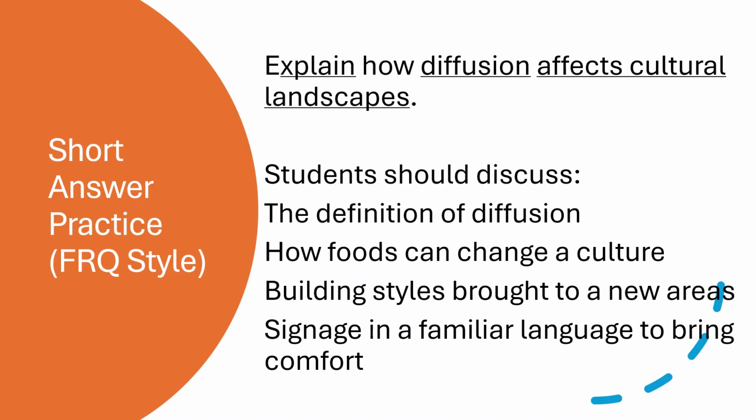So you better be able to define diffusion and tell them what diffusion is. And then talk about how things can change a culture, whether it be foods or building styles or signage. And give a few examples. You can talk about how signs in Quebec have to be in French to maintain that culture.